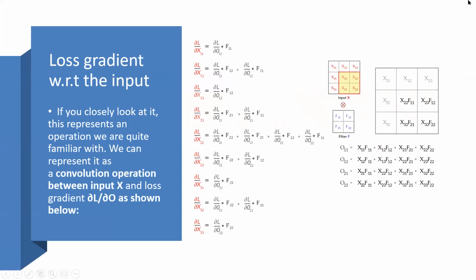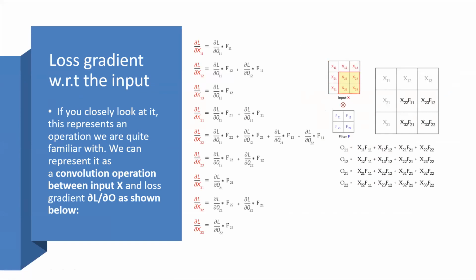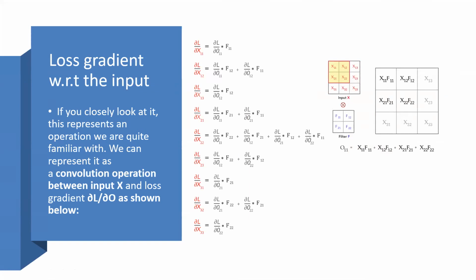Yeah, so if you can see x22, if you want to find the gradient with respect to x22, let's look at O11, O12, O21, and O22. Can you see that x22 in O11 has affected through the multiplication with the filter f22?